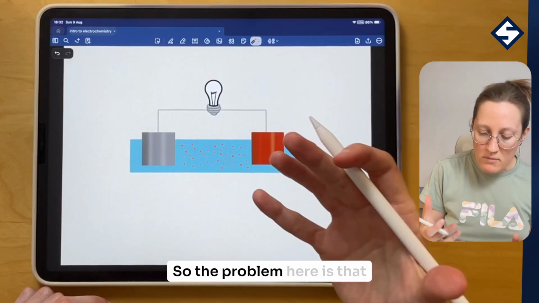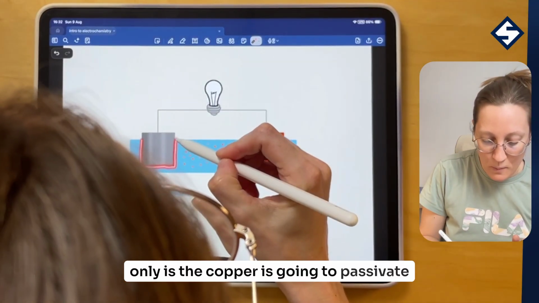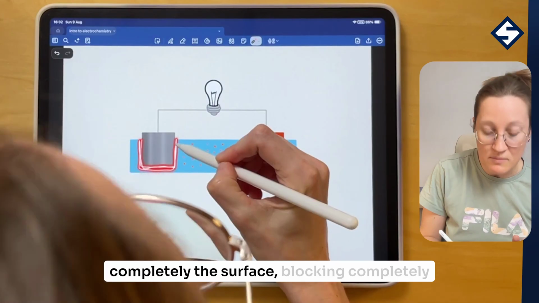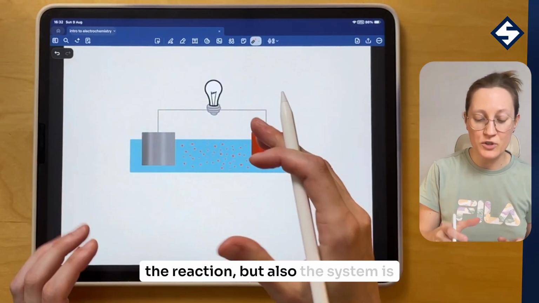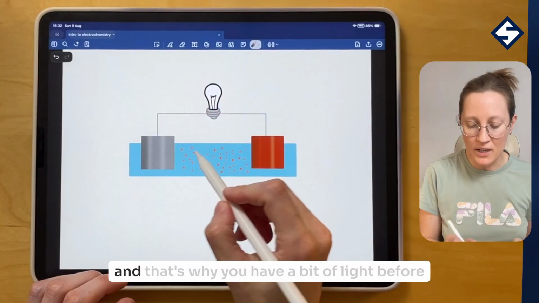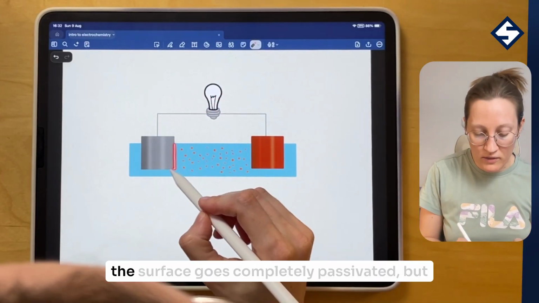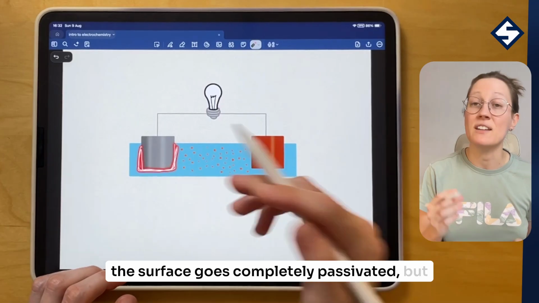The problem here is that not only is the copper going to passivate the surface completely, blocking the reaction, but also this system is bypassing the external circuit completely.